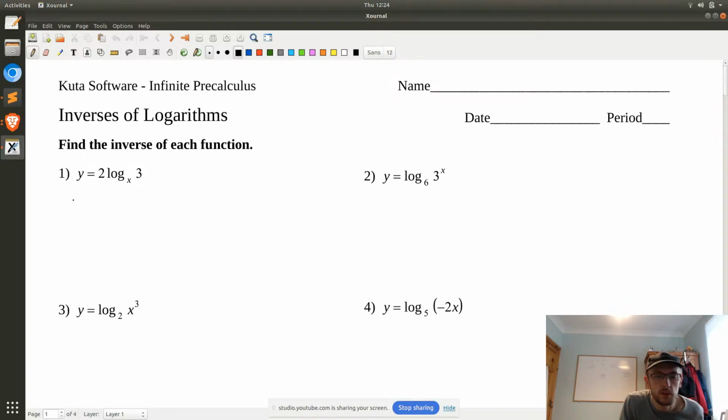So just going through the procedure whereby we try to isolate the variable x. So first divide both sides by 2. So y over 2 equals log base x of 3. Then raise three to the power of both sides.